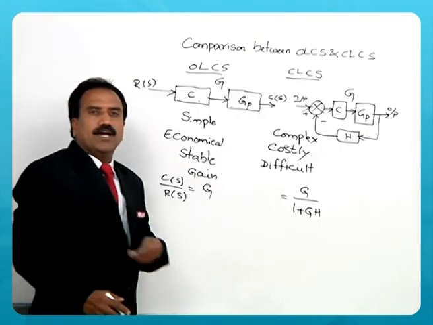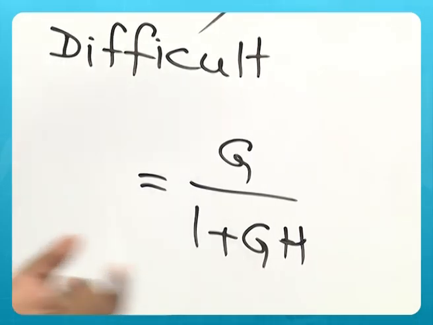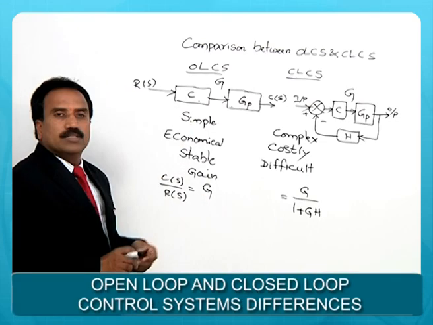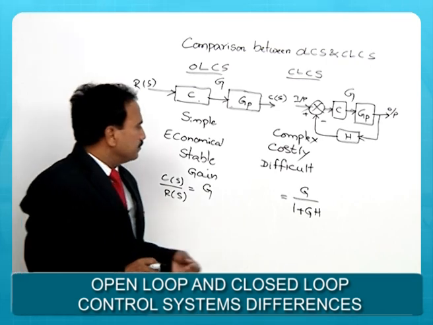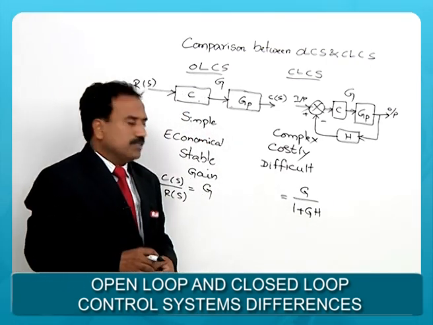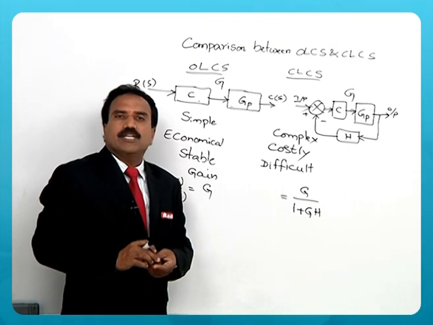So we have a factor 1/(1+GH) additionally. So the gain is more in the case of open loop control system. In the case of closed loop, the gain is reduced by a factor of 1/(1+GH).